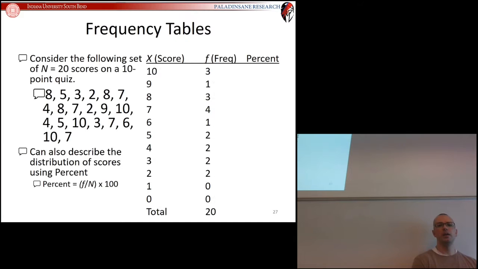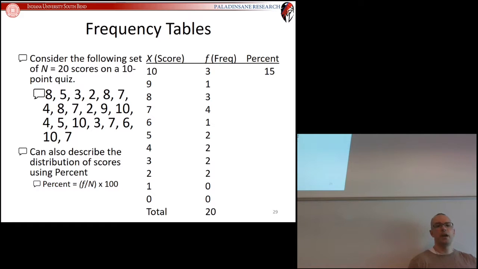So in this frequency table, if we were to calculate the percent of students that scored a 10, we would have a frequency of 3 divided by the total number of scores, which is 20, multiplied by 100, and we can see that 15% of our students scored 10 out of 10 on this quiz.